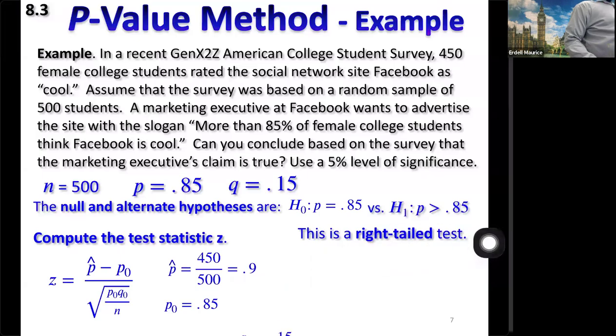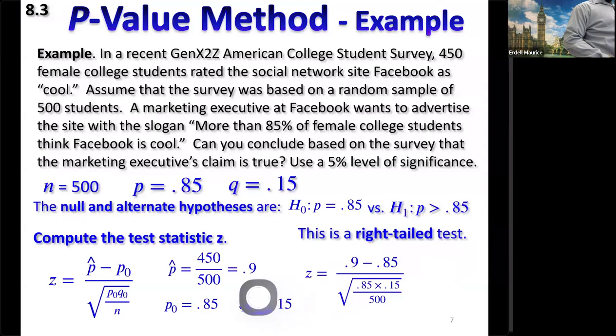And so therefore, your Q hat, what's Q hat going to be? P hat is 0.9. So what's Q hat going to be? 0.1. Yes. And so then you plug all of these into your fancy formula, and that gives an answer of 3.13. So that's how you find Z. All right.